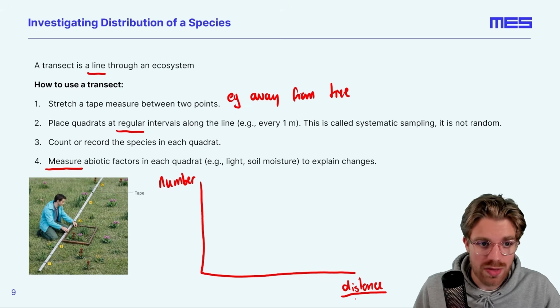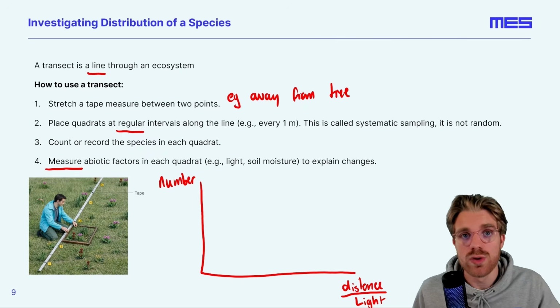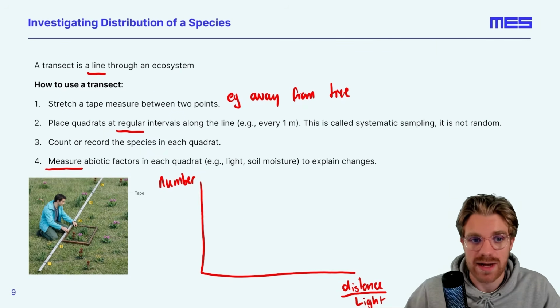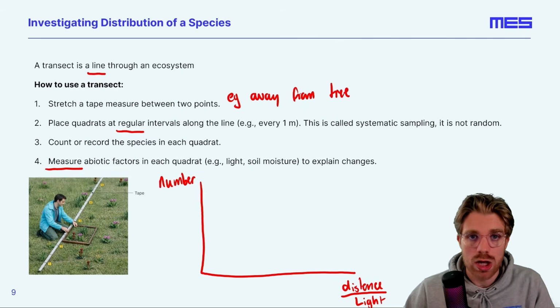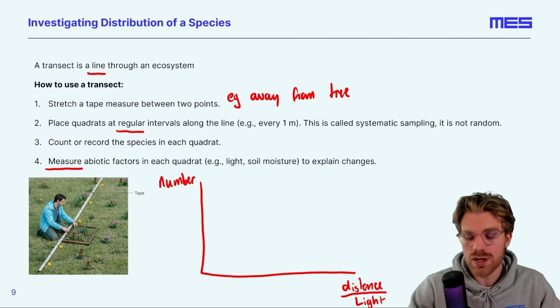We could perhaps put the light intensity on the x-axis, and we will see how the number changes as we move away from that abiotic factor. Now, it's important to repeat this transect as well. We would want to repeat the transect parallel to the first transect and then place the quadrats at the same intervals along the transect.